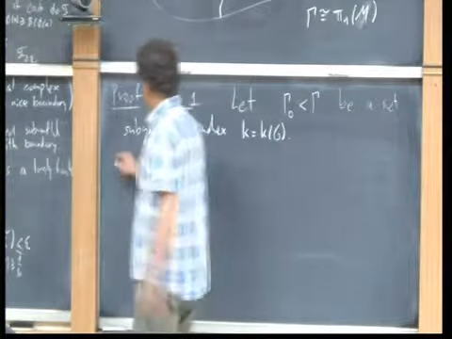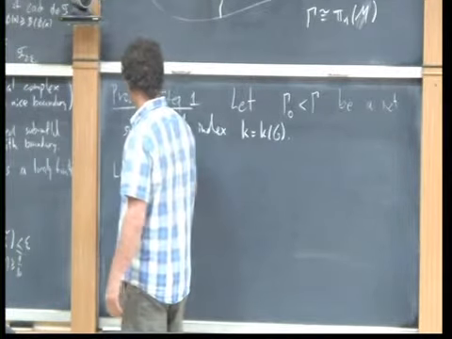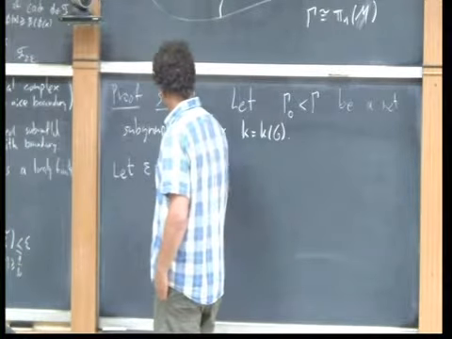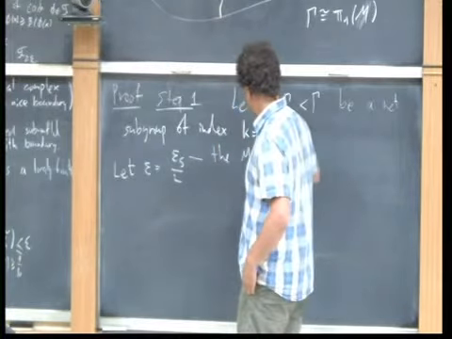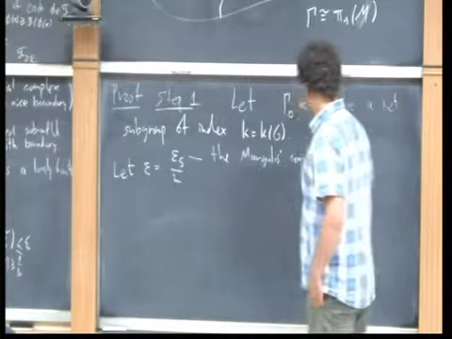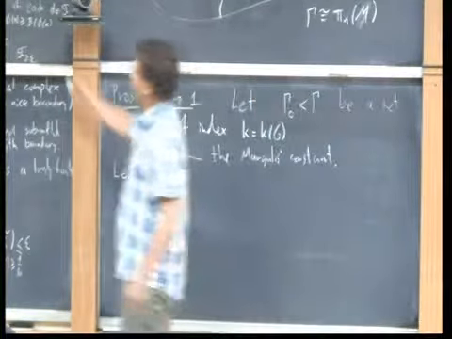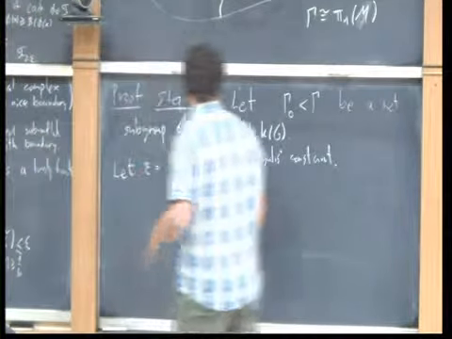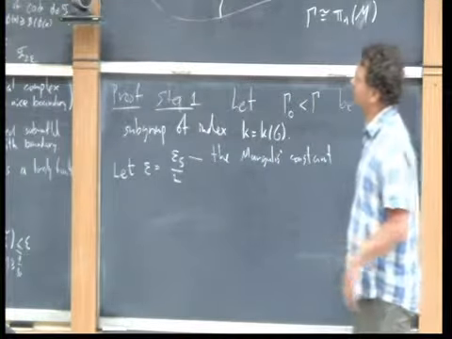So now let epsilon be epsilon of S over 2, where this is the Margulis function. Okay. So by the way, I will use a bit different epsilon in step 1 and step 2. So I need to tell you what are the functions that I'm using.